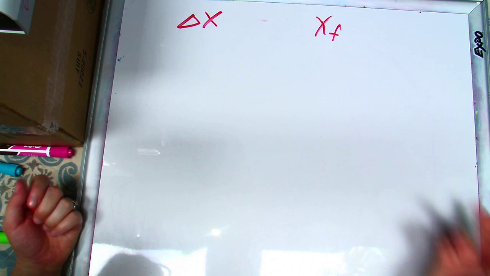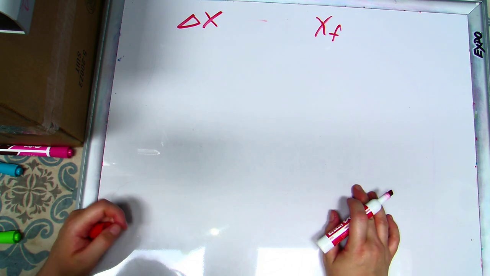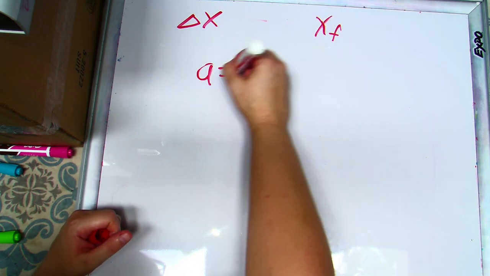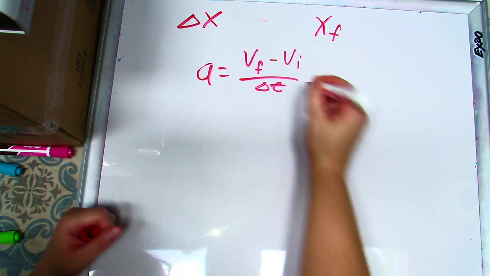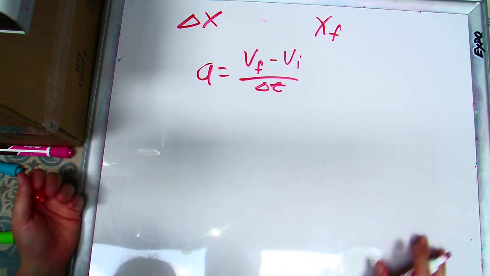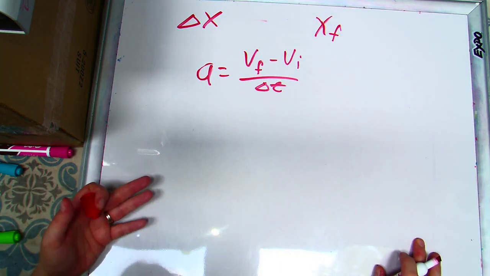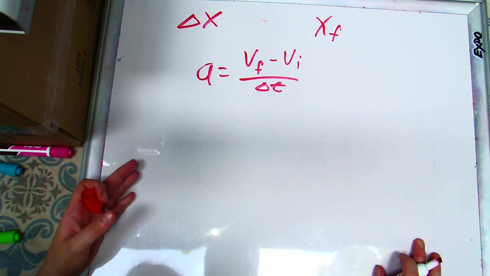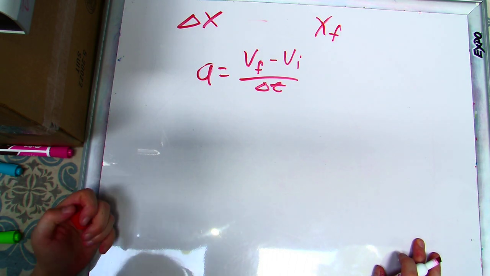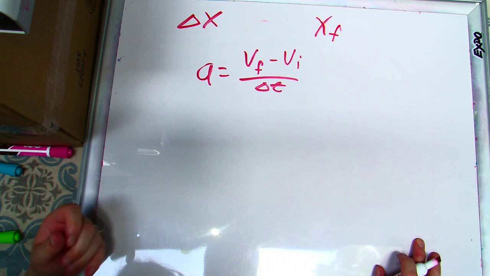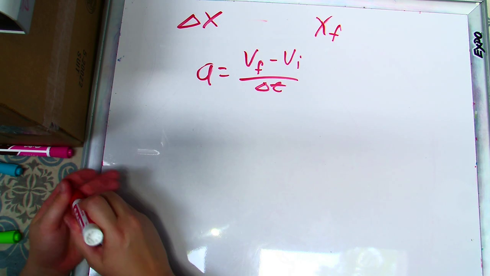However, in the equation for acceleration, there is no displacement. So what we're going to do is combine some of the stuff we already know in order to create what's called the final displacement equation, and it's for constant acceleration.